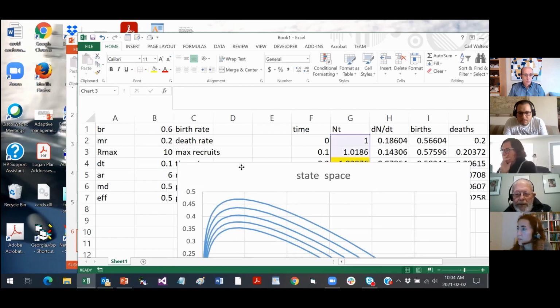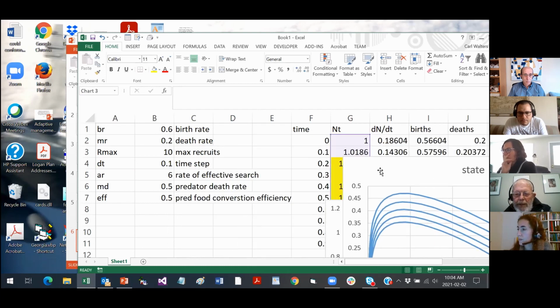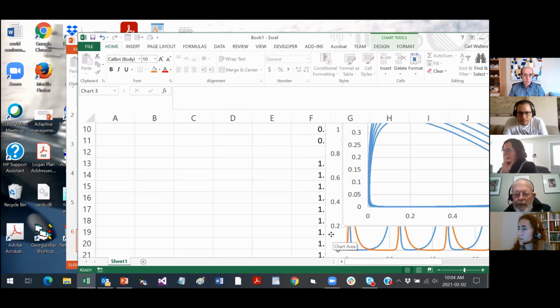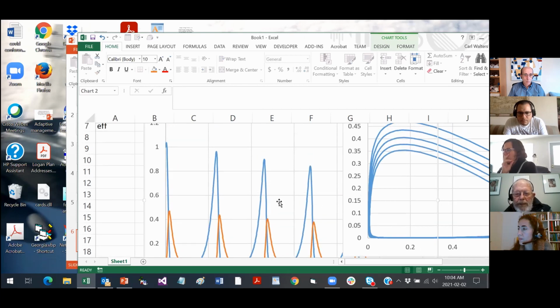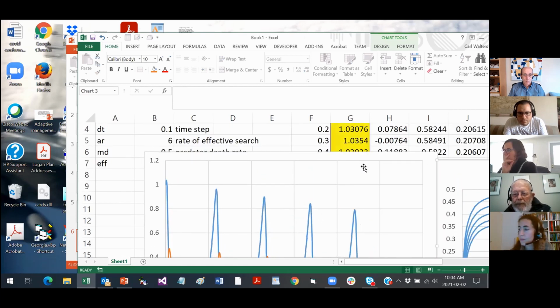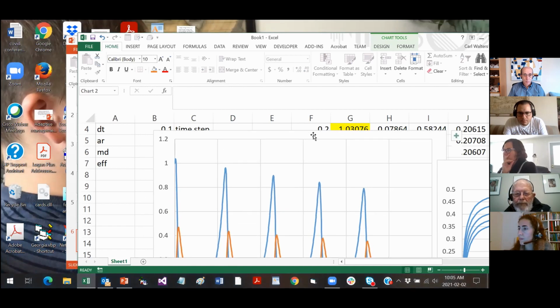Whoa, my gracious, the state space changes. In fact, if we look at the time plot, what we see is that the cycle is dampening over time.